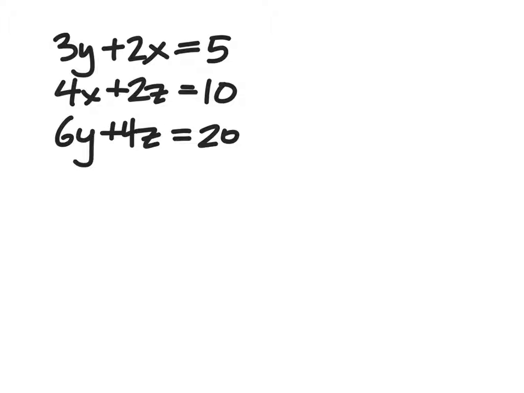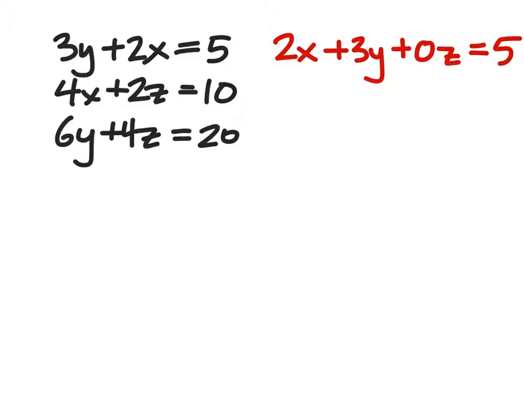So the first thing on this one is that first equation actually is not necessarily in the standard form, even with three variables. So what I'm going to do is use the commutative property to move that 2x to the front. And then I'll add the 3y. But not only that, I want to acknowledge that there's zero z's. So I'm going to put plus 0z, just so I can see how many there is, and then this equals 5.